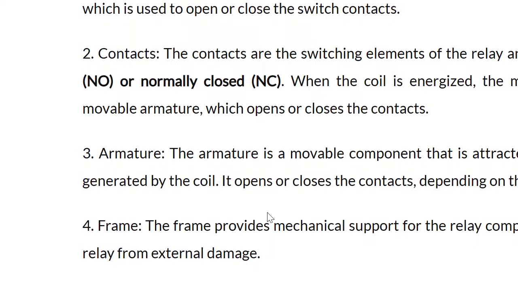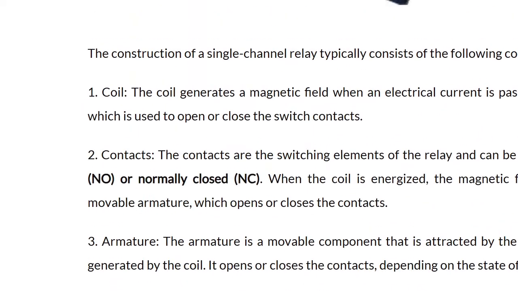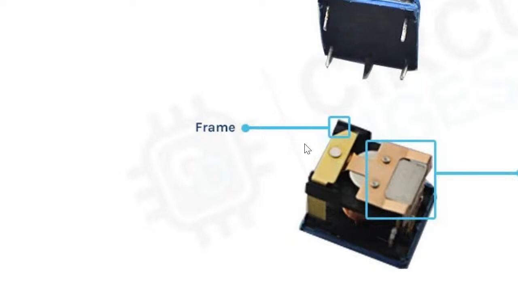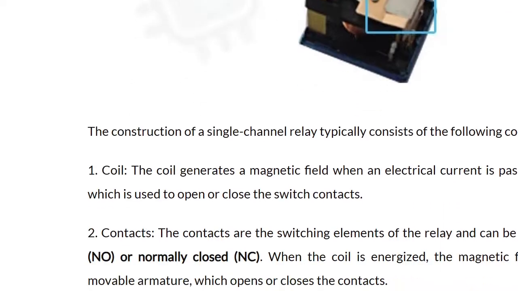We will discuss exactly what normally open and normally closed are in the session. The armature on the upper surface holds the actual contacts. The armature is the movable part, so when you apply the magnetic field, these contacts move and thus complete the circuit.